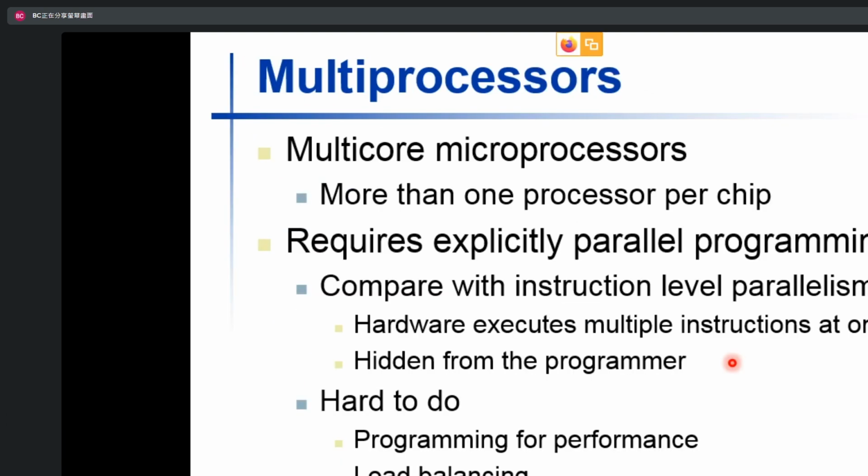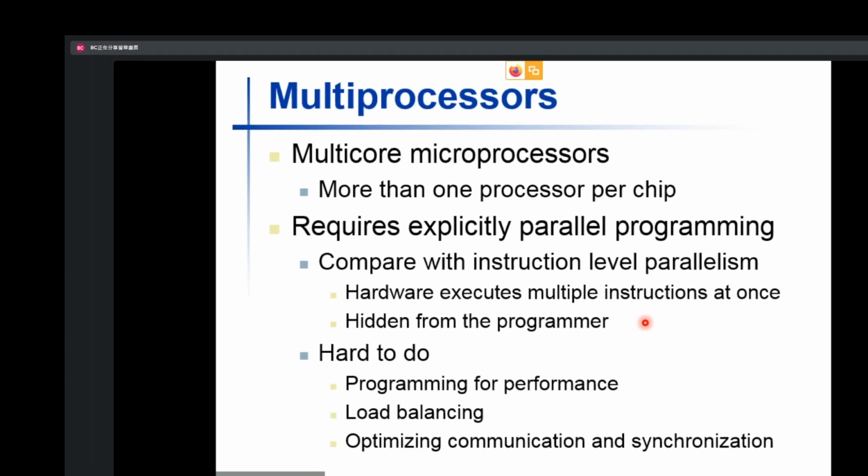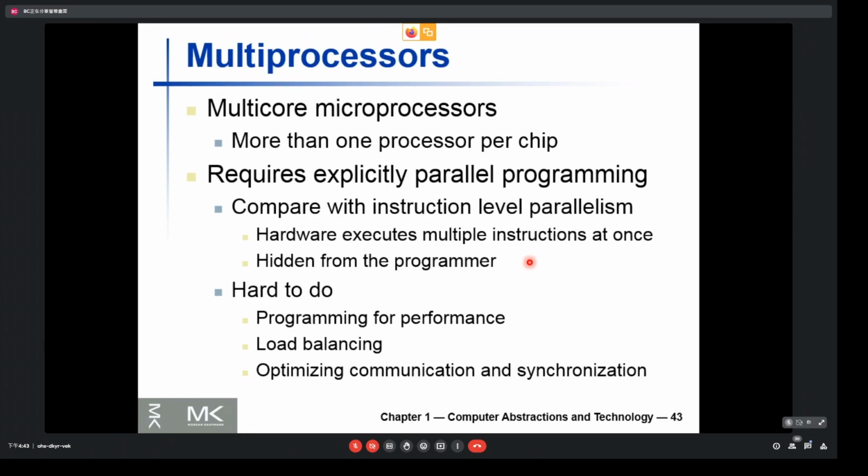So if it's not easy to think in parallel, then it is not easy to write a parallel program. It's against your nature.